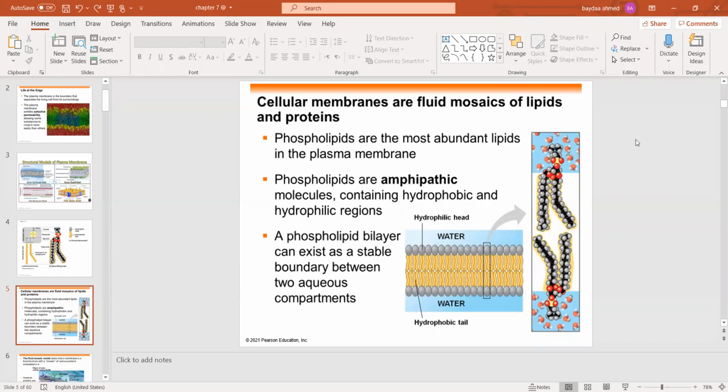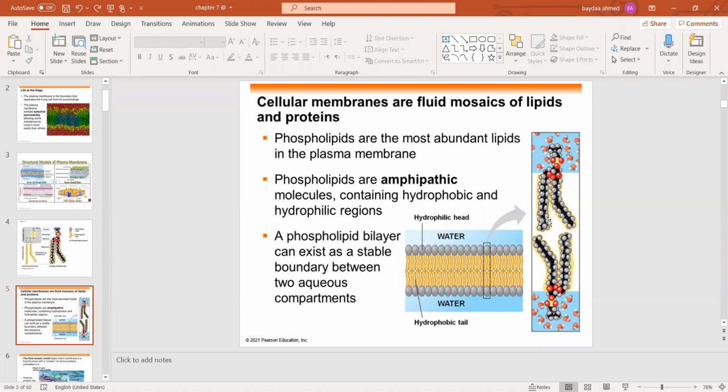Lipids and proteins are the staple ingredients of membranes, although carbohydrates are also important. The most abundant lipids in most membranes are phospholipids. A phospholipid is an amphipathic molecule, meaning it has both a hydrophilic, water-loving region and a hydrophobic, water-fearing region.